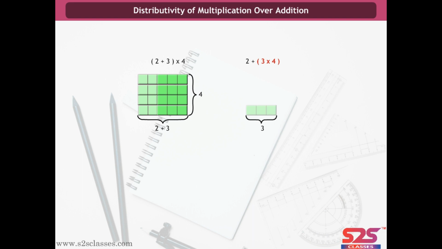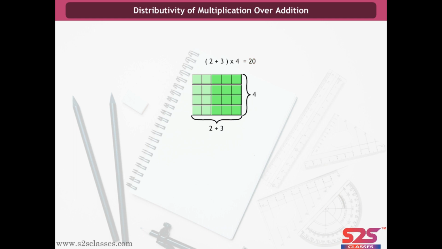While in the second expression, we first multiply 3 by 4 and then add 2 to the result. So we get the value of the first expression as 20 and the second as 14. So we see that the two expressions are not equivalent. Hence, the order of addition and multiplication does matter.